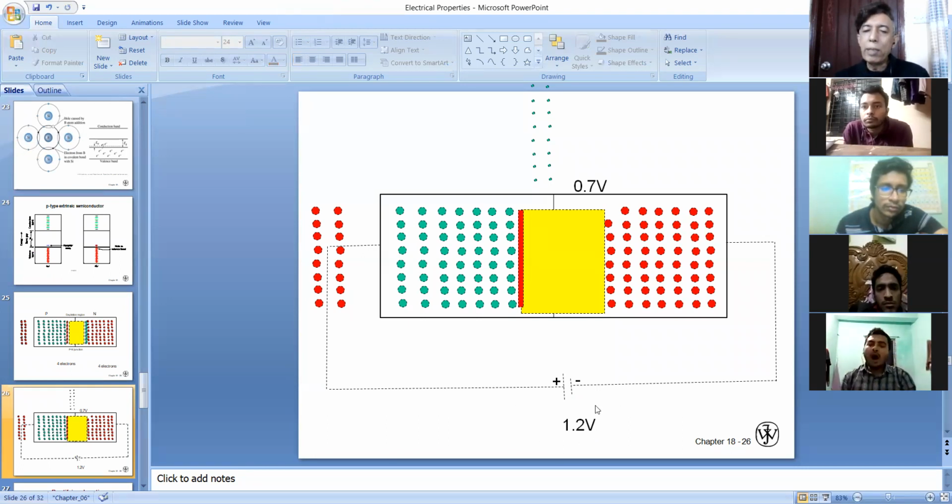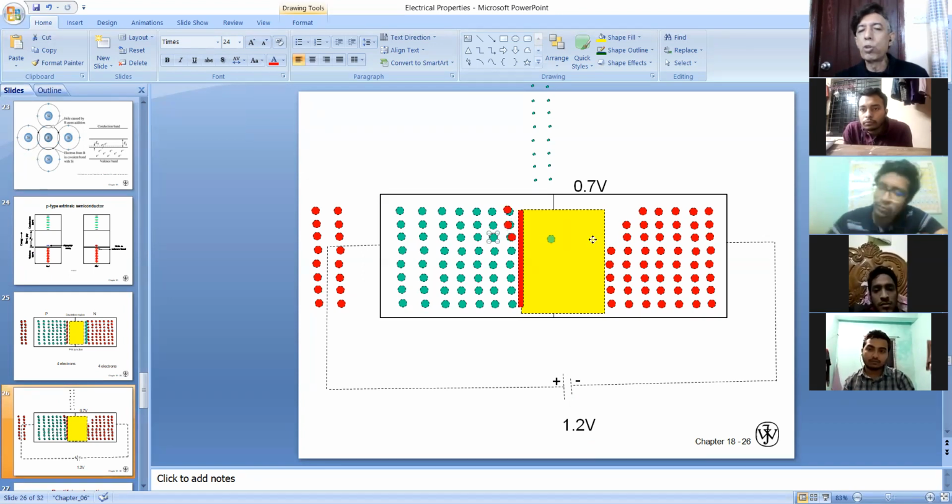So it can give 1.2 volt energy to these electrons. So this electron can pass through this easily and combines with the hole.